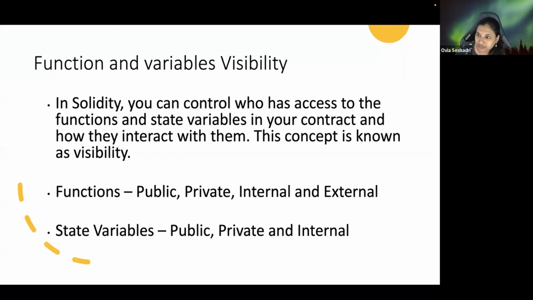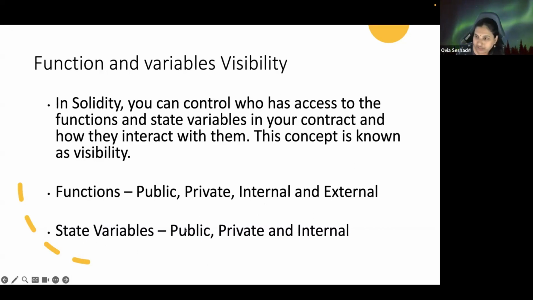We saw that functions have four types of visibility: public, private, internal, and external. Public means anybody can access that function from anywhere, either from outside the contract or from inside the contract, and inherited contracts can also access them. Private means nobody can access them except functions inside that same contract. Internal functions can be accessed from inside the contract, and inherited contracts can also call the function, and external is only when outside contracts can invoke that function.